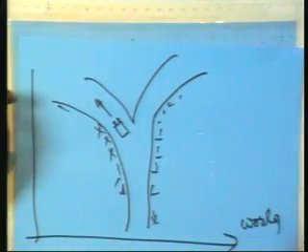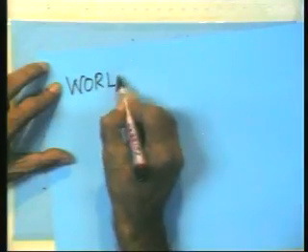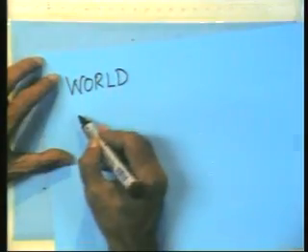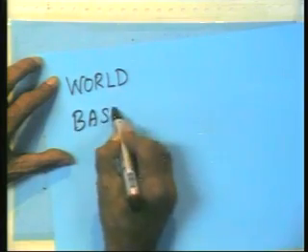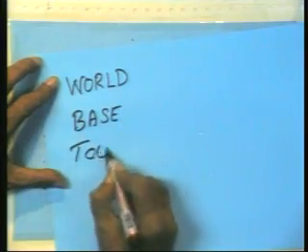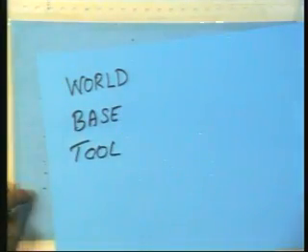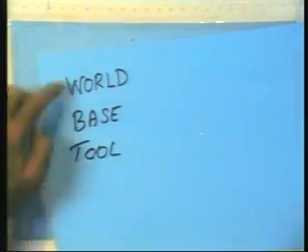So there are several types of coordinate systems: the world, base, tool. You should keep this terminology in your mind as we go ahead in the more advanced topics. Each has its own utility.